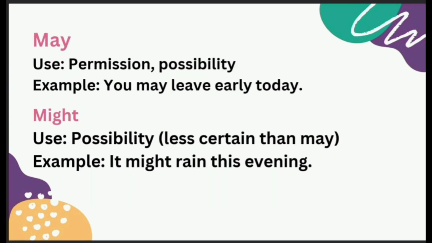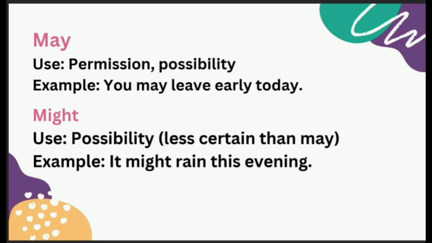May. We use may to give permission or talk about possibility. Example, you may leave early today. So here this is showing permission. So we are giving permission, so we are using may. Might. We use might for possibility, but it is less certain than may. So you can understand it. Use may when you are 50 to 60% sure.